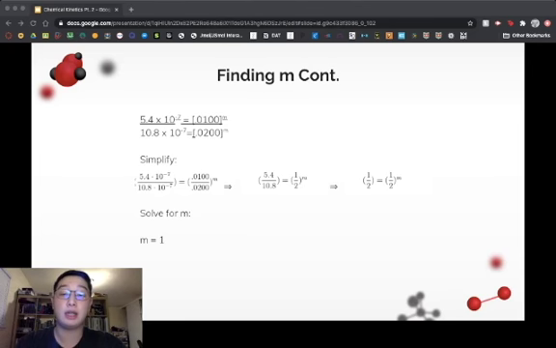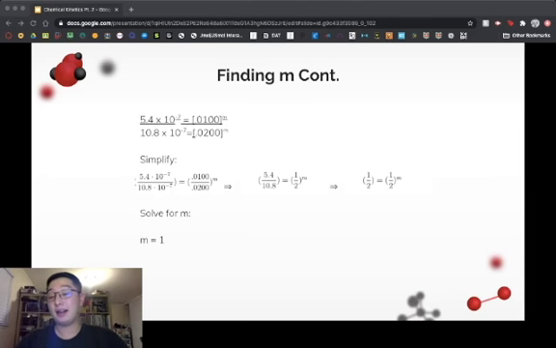Most of the time, you won't need it, but I'm pretty sure you all know how to do logarithms. If any of you are confused, go ahead and message me in Discord, and I can help you out with that. But you really don't need to know logarithms for this one. You can see it's 1/2 is equal to 1/2, then M has to be equal to 1 for that to work.